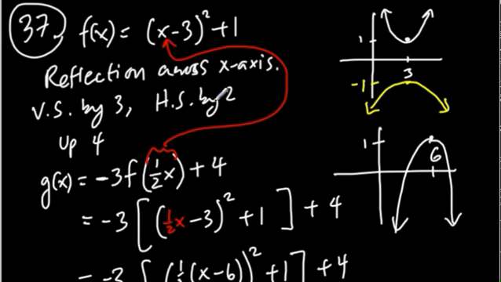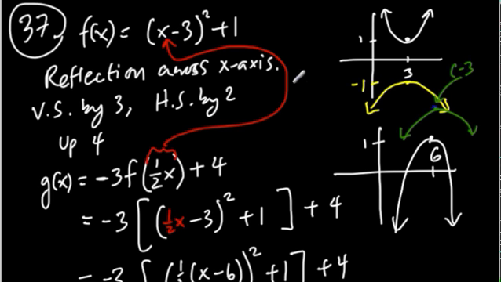The horizontal stretch by 2. So in other words, all the x values get multiplied by 2. So the new coordinate will basically, let me use a different color. Maybe I can use green. That's a bit better. So the new coordinate will become this coordinate right here, negative 3.